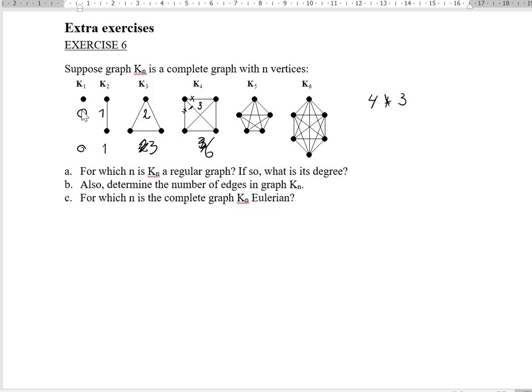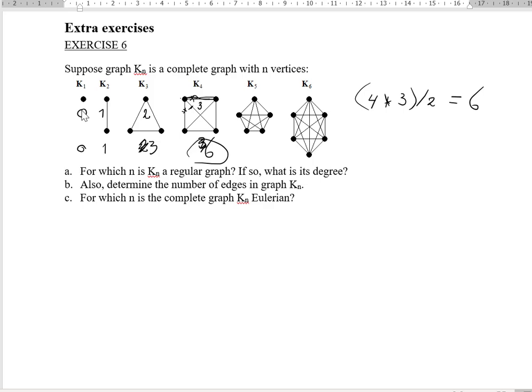But then we must correct, because every edge is incident with 2 vertices. So we have to divide by 2 to make the number correct. And then indeed we get 6, as we already saw.